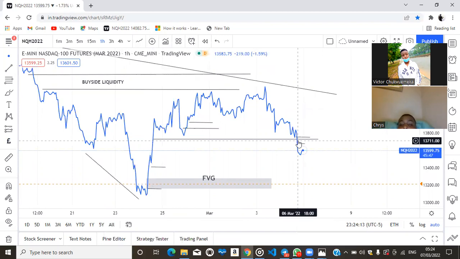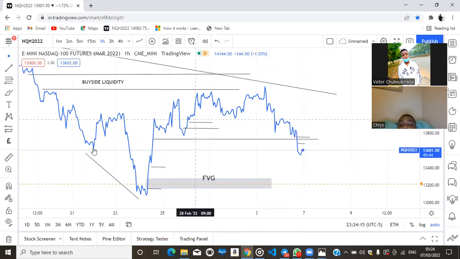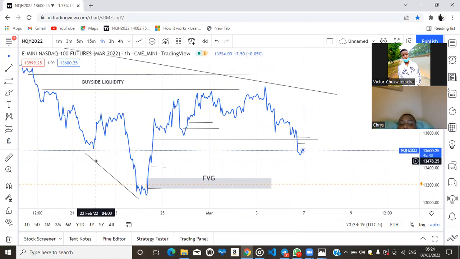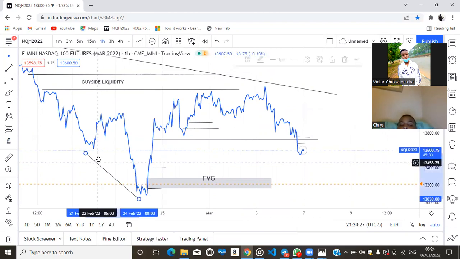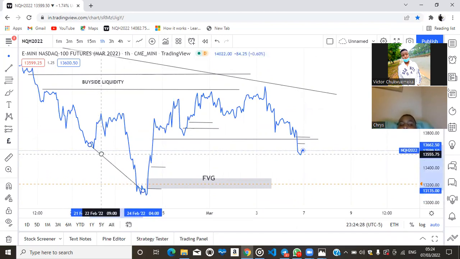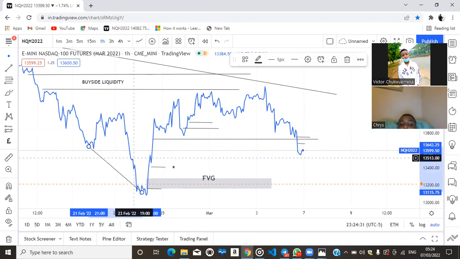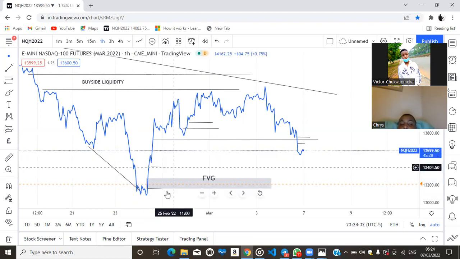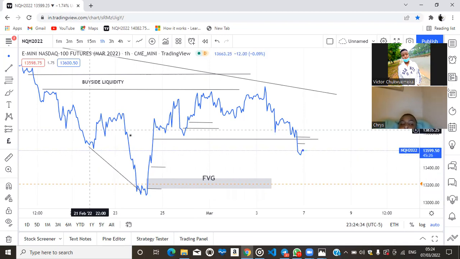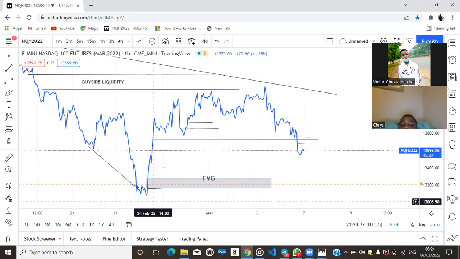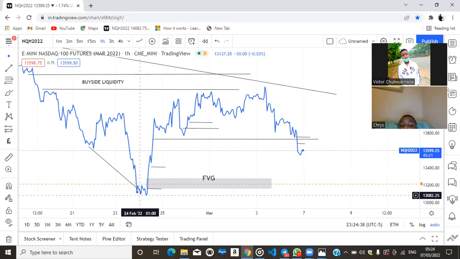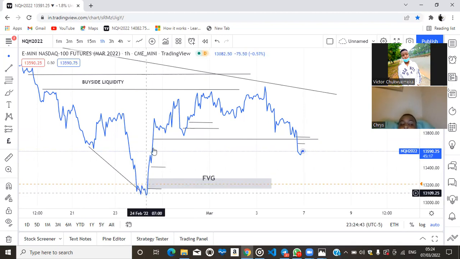So you can see this low. The confirmation that you can get a turning point around this: it grabbed liquidity, broke structure, and retraced back to this, and boom.